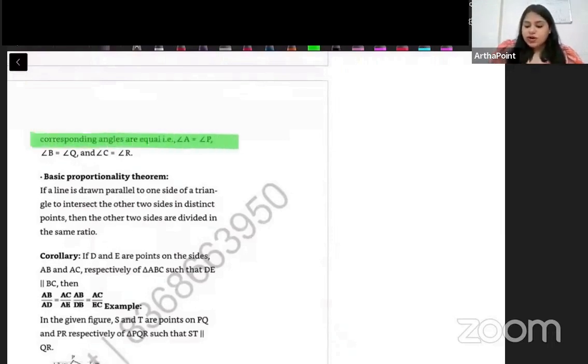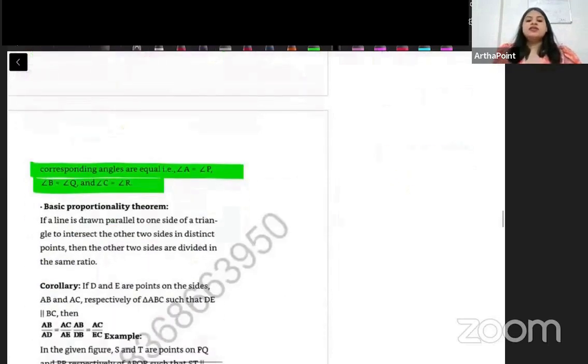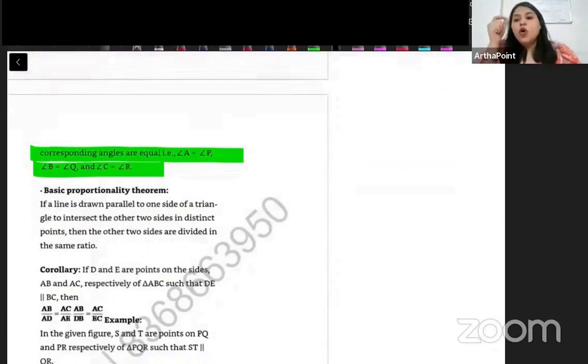And the corresponding angles should also be equal. So angle A should be equal to angle P. Angle B should be equal to angle Q. And angle C should be equal to angle R. This is the property of congruent triangles. Remember this.